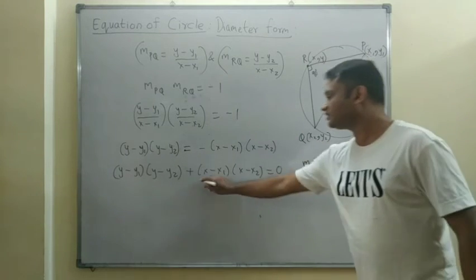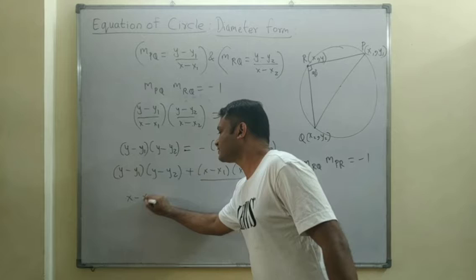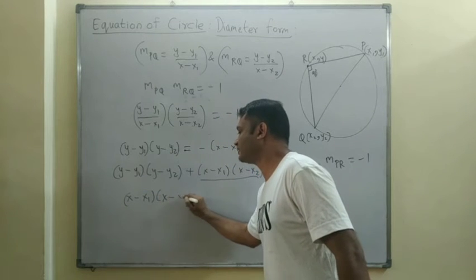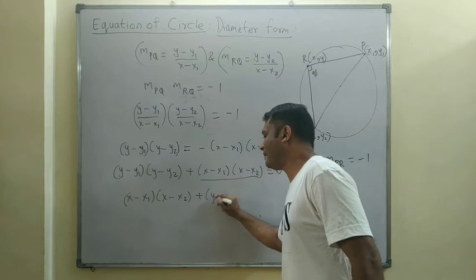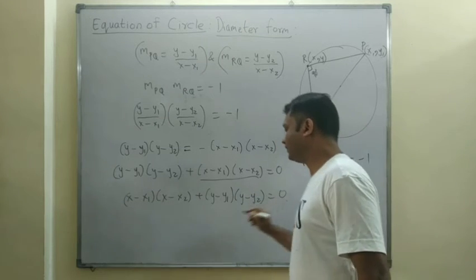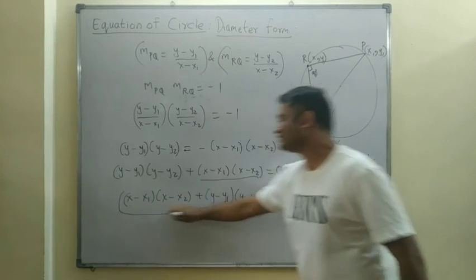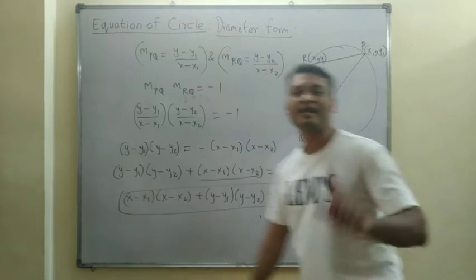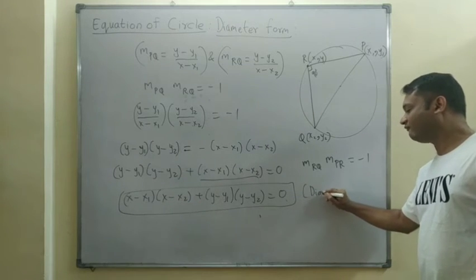We can say (x − x1)(x − x2) + (y − y1)(y − y2) = 0. So this is the equation of circle in diameter form.